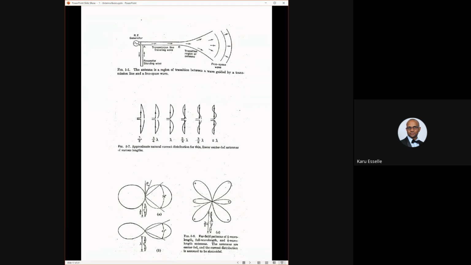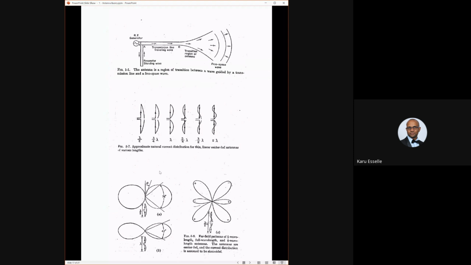At its resonant frequency, its impedance is resistive. That means reactance is zero. And the resistance is around 70, 73, 75, which is very good because you can match it to some transmission lines in simple ways.